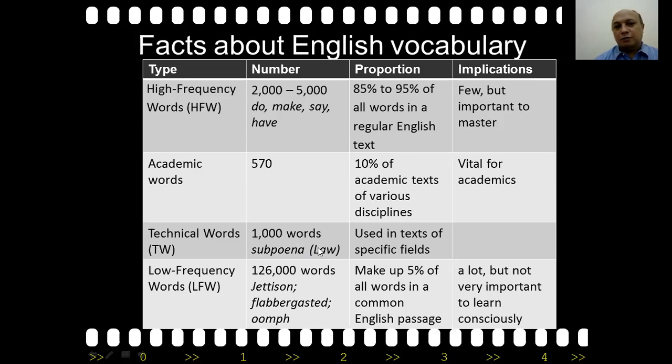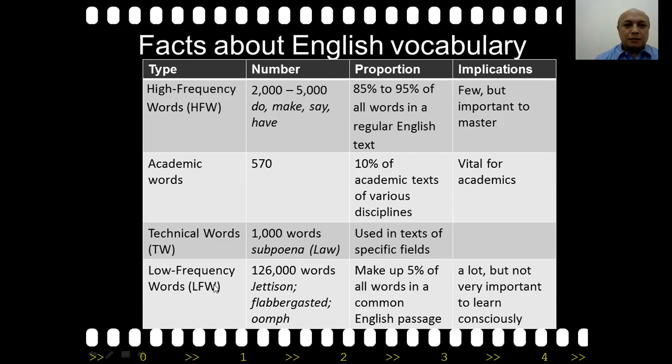So it's okay not to know the meaning of this subpoena. But this is just to give an example of a word which is used in a very specific field. In this case, this is law. So if you are going to study specific fields other than English letters, then you probably have to know words like this, like subpoena in law.